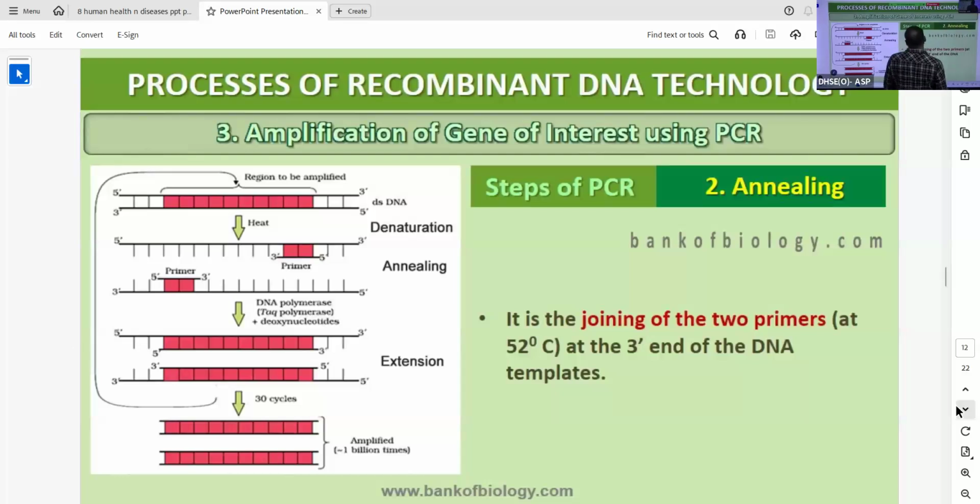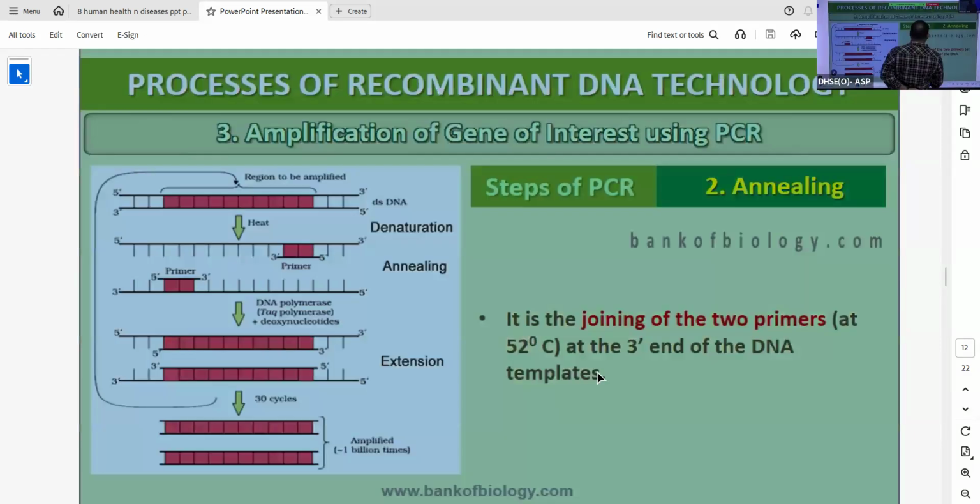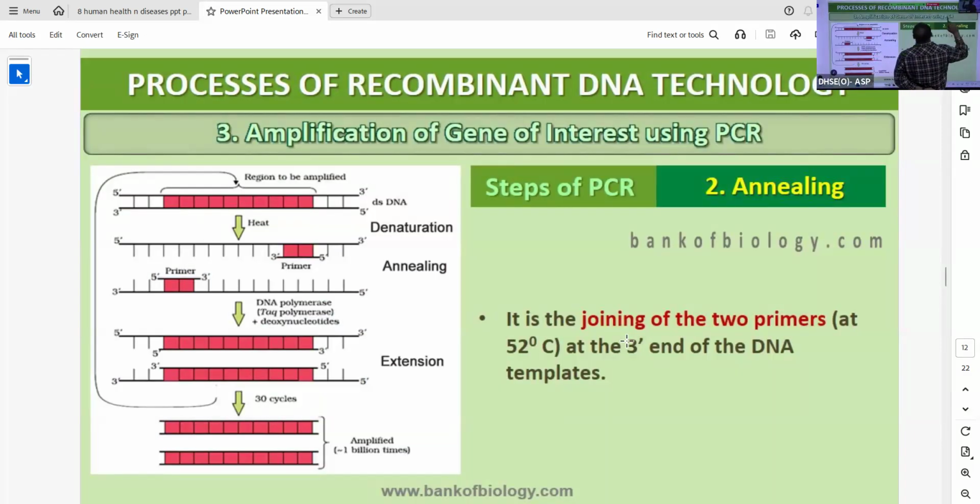उसके बाद देखो annealing. Denaturation करके हमने separate कर दिया, वैसे ही आपकी annealing में होता क्या है? 94 degrees Celsius is now reduced to 52 degrees Celsius. Because of this, at the 3' end of the DNA, ठीक है, दो primers आपके जुड़ गए.